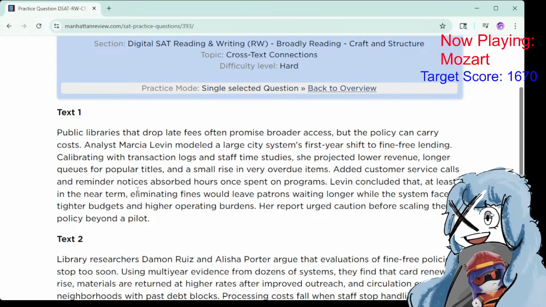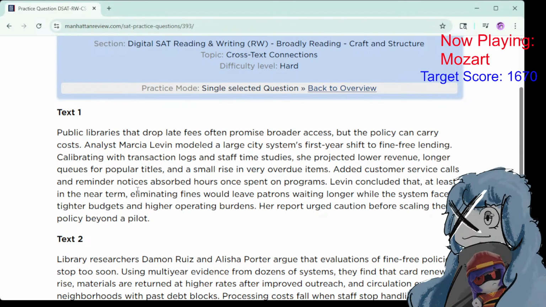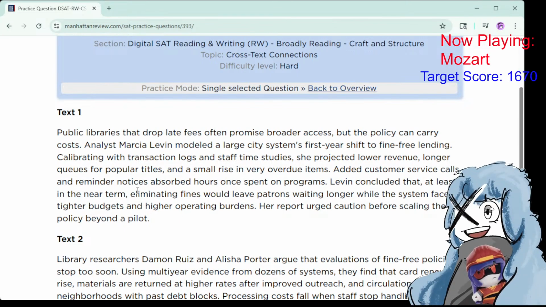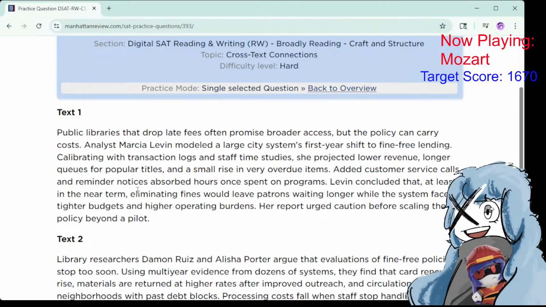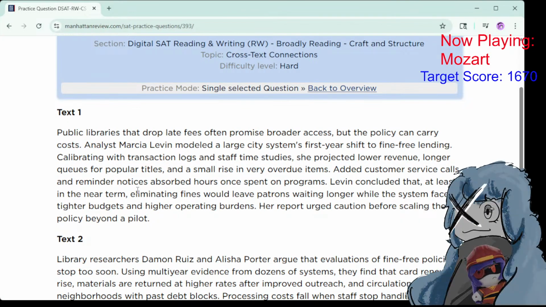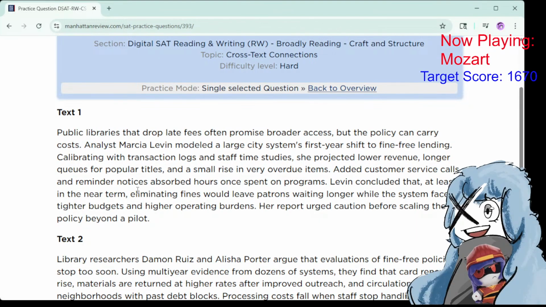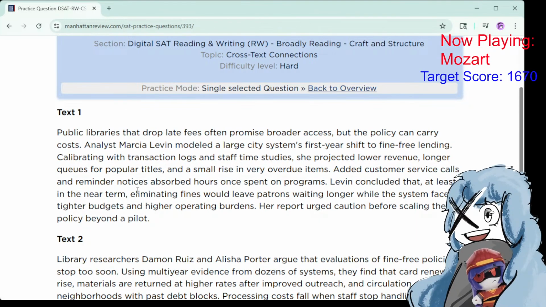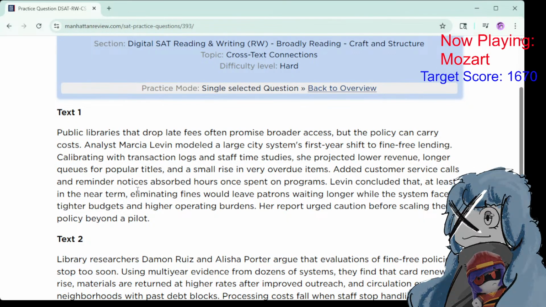Calibrating the transaction logs and staff time studies, it projected lower revenue, longer queues for popular titles, and a small rise in very overdue items. Added customer service costs and reminder notices absorbed hours once spent on programs. She concludes that, at least in the near term, eliminating fines will leave patrons waiting longer while the system faces tighter budgets and higher operating burden. Her report urged caution before scaling the policy beyond a pilot.